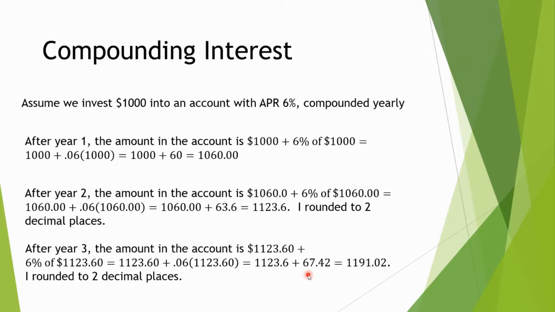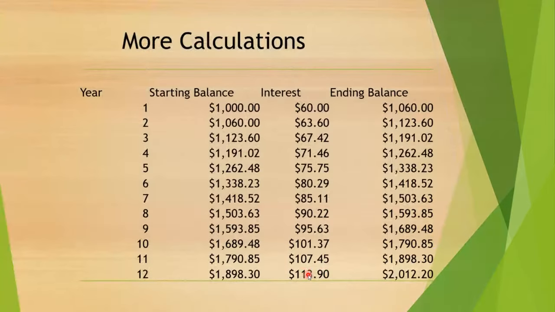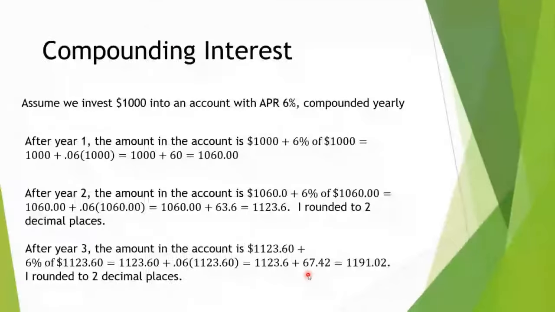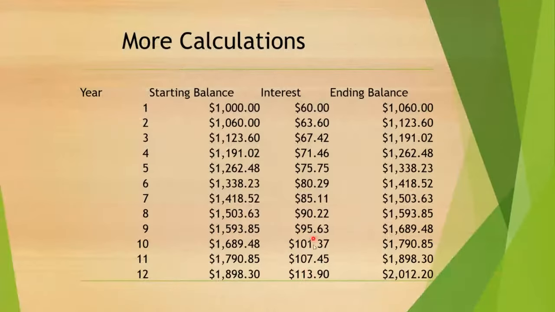Now, if we were to do this for many years, we would have to do these calculations. But this is why I'm very happy we have Microsoft Excel and Google Sheets. This is actually what would happen later on. So let's say we did this for 12 years for whatever reason, right?